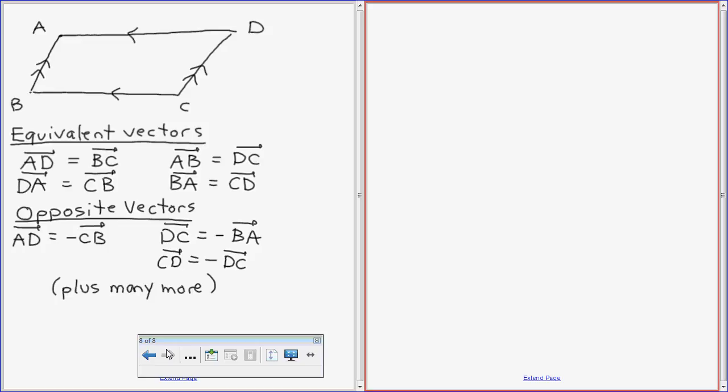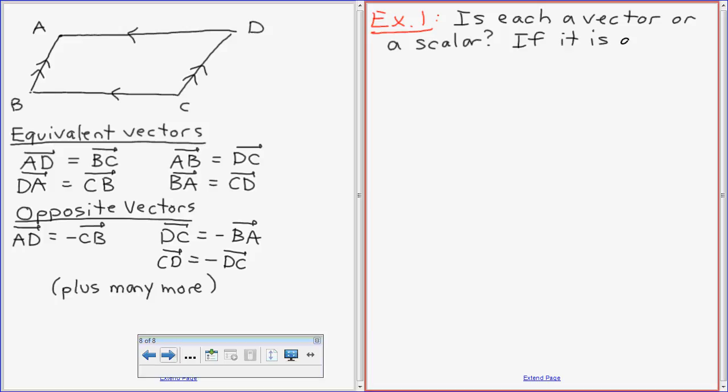Example 1, really. Is each a vector or a scalar? If it is a vector, please state its opposite.